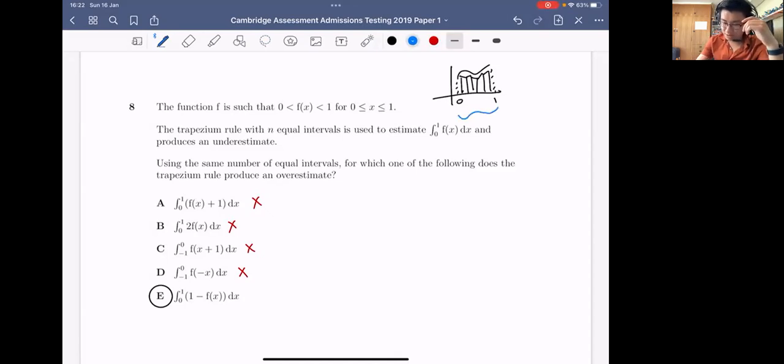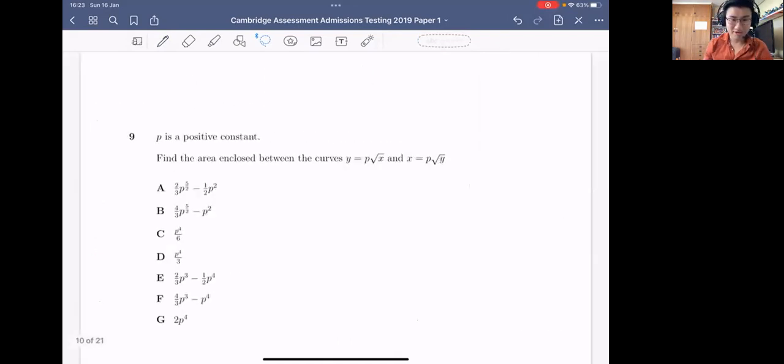Then you're moving it up by 1 unit. So going up like that. Maybe. Yeah, I'm just going to go with E. Hopefully I'm right. That was a very badly done question.